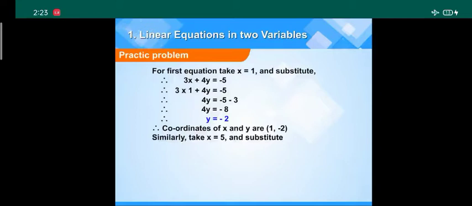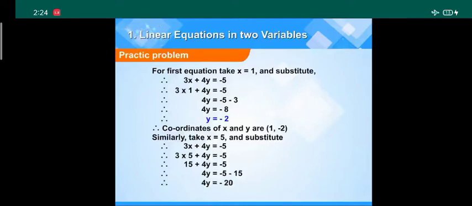Similarly, take x is equal to 5 and substitute. Therefore, 3 into 5 plus 4y is equal to minus 5. Therefore, 15 plus 4y is equal to minus 5. Thus, 4y is equal to minus 5 minus 15.